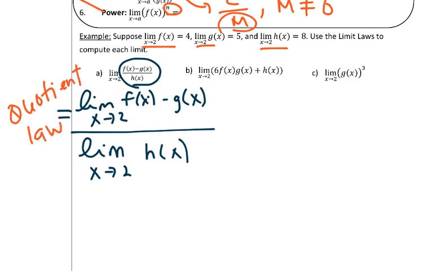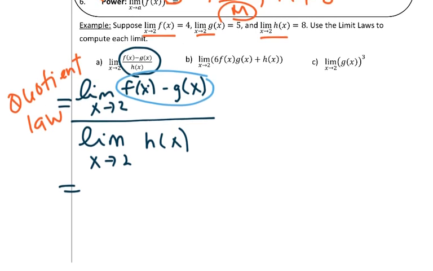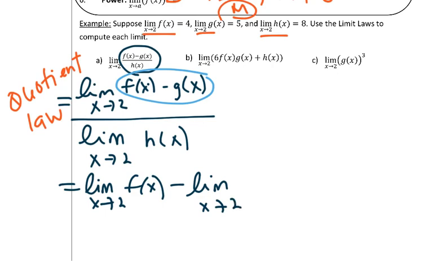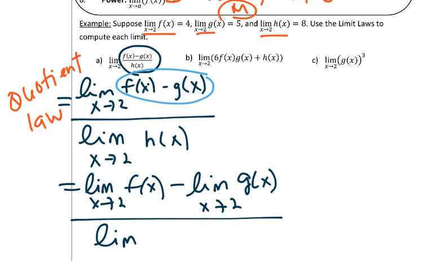All right. I'm going to expand it even more, and so I notice how these are together right now. I'm going to separate those two, and so this is going to be the limit as x approaches 2 of f of x minus the limit as x approaches 2 of g of x, all over the limit as x approaches 2 of h of x.